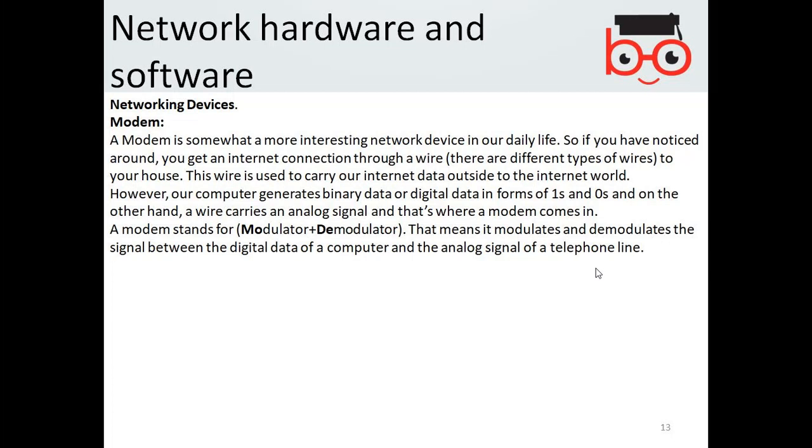So the device that connects initially from your home with your internet service provider is the modem. Modem communicates to the outer world via the analog lines, the analog telephone line, and it is the responsibility of your modem to modulate and demodulate, to send the digital data from the computer by converting it into analog signals so that you remain in communication.